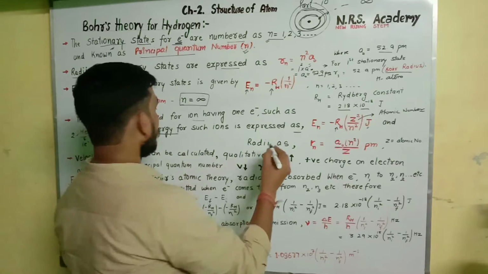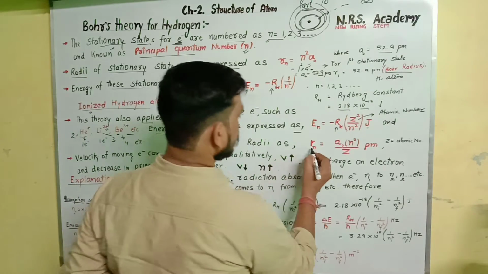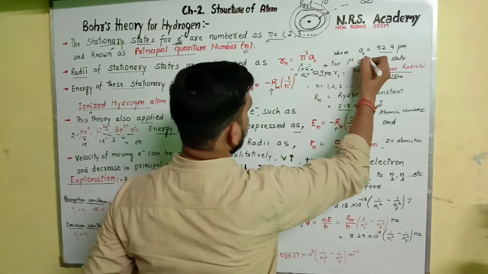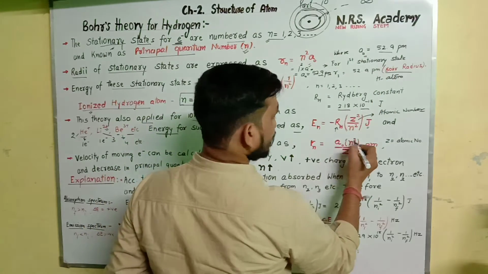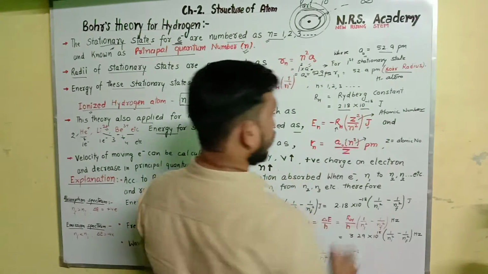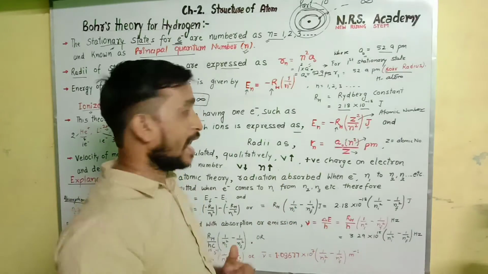The radius of such a one-electron ion is Rn = a0 × n²/Z, where a0 is the constant 52.9 picometer, n is the number of the orbit, and Z is the atomic number of that atom.